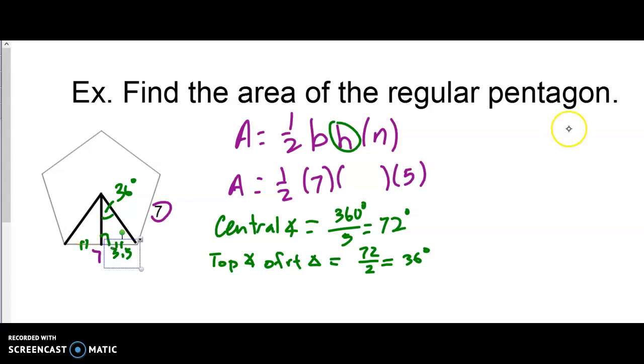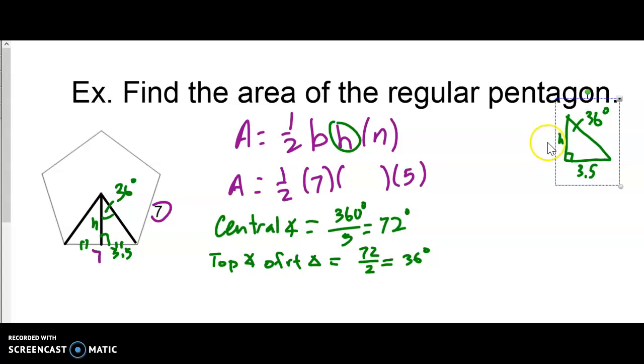And so now I've got a triangle that looks like this, where this angle is 36 degrees, and this bottom side is 3.5 units long. I'm looking for the height of my triangle, the apothem, and I'll call it H. Now here's where trigonometry is going to kick in.